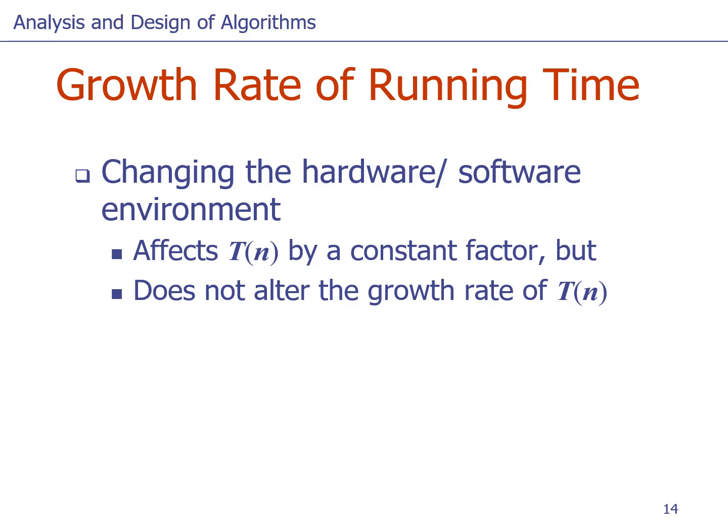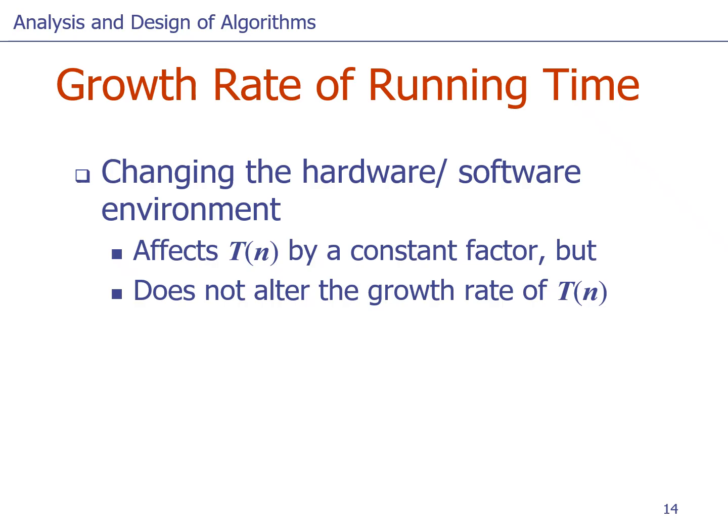And my answer is yes. Obviously, if you move from a Pentium processor to a quad-core 3.8 gigahertz, the performance will enhance drastically. It's not because the algorithm itself is doing something better. It's still doing the n squared steps, but the n squared steps in the first case was multiplied by some constant, because remember, it's just a family of curves, so we could be multiplying the n squared by some constant and it's still n squared.